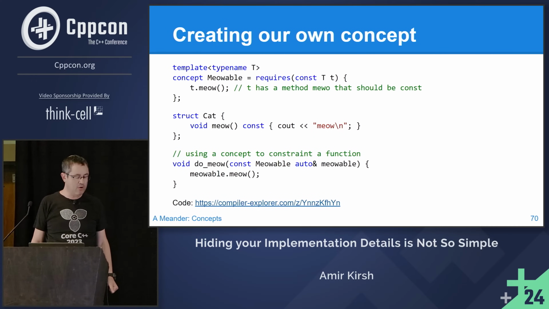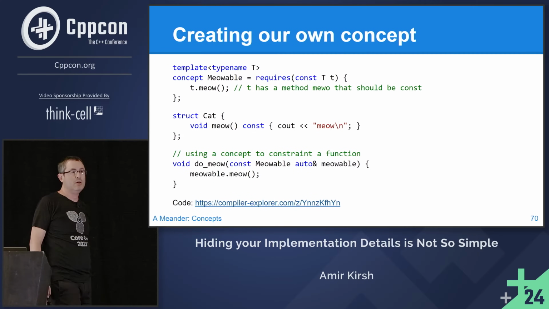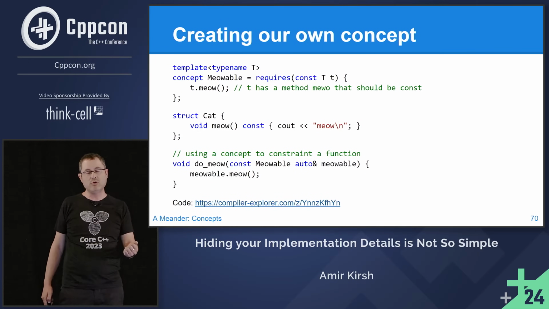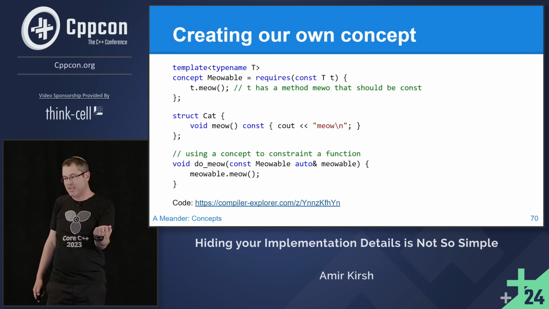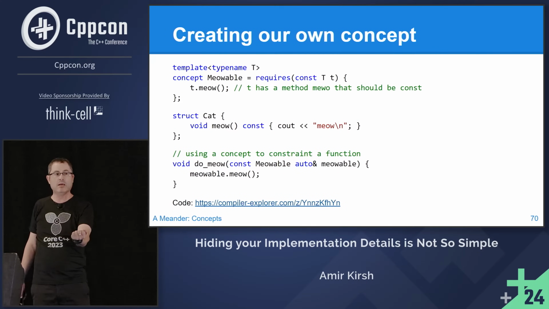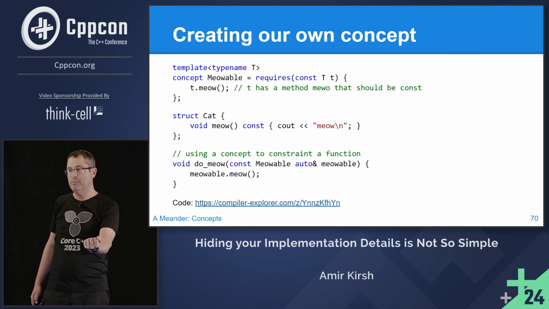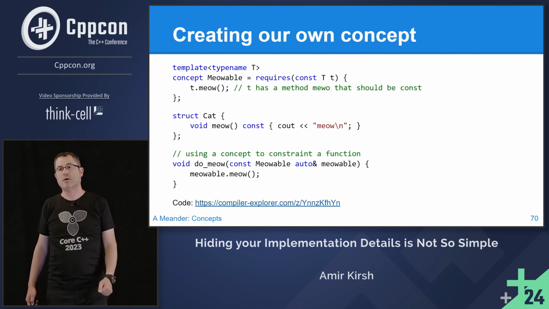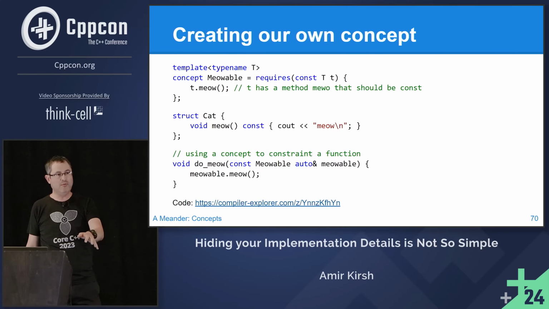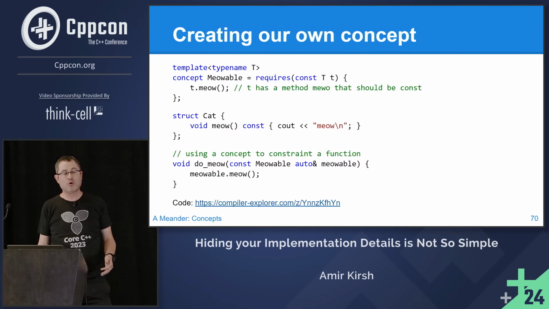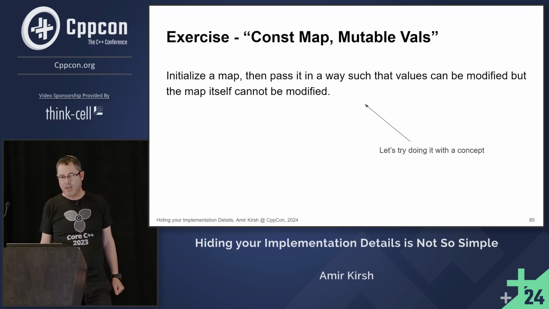So if I have a do meow function that takes a const meowable auto, which is a template function, since once you have an auto argument in C++20, it's a template function. But the template function, in a way, narrows the actual usage. I'm saying that I want to get here something which is meowable. Now, if you send something which is not, it will not compile. Okay, that's an approach.